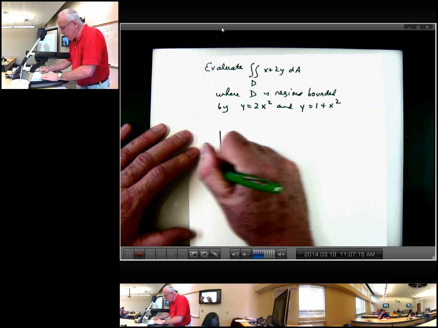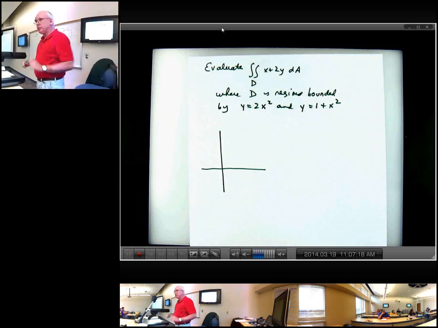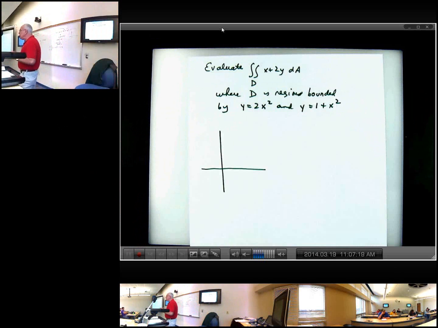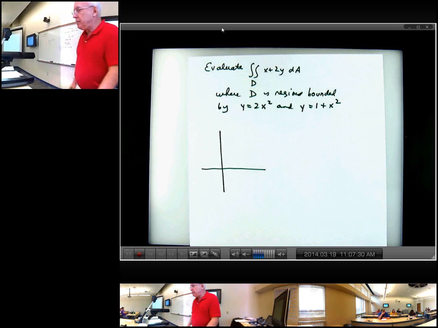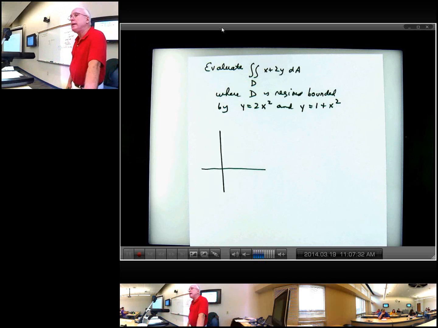So what we're gonna have to do is get a sketch of what this region looks like that's trapped between these two curves or graphs. The first thing that I think anybody would want to find out is, where do these two graphs cross each other? All right?